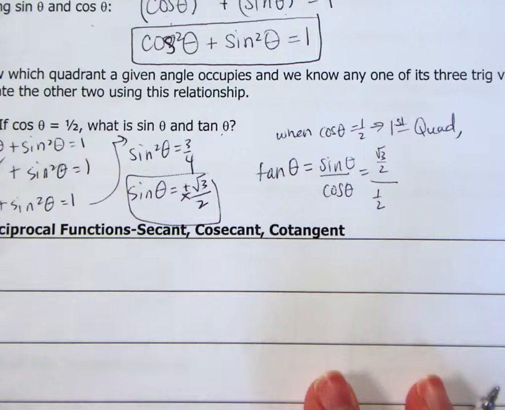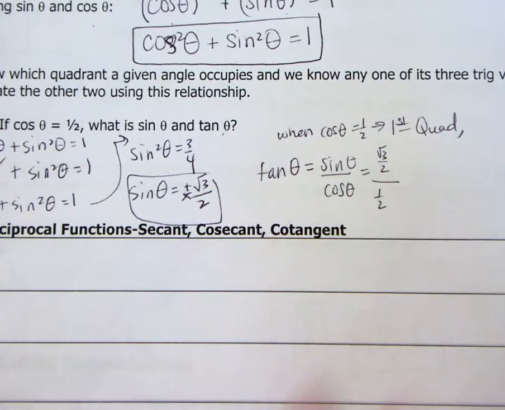I'm not really using my trig identity on that part, I'm just using the ratio. So this is radical 3/2 times 2/1, so radical 3. So the tangent of 60 degrees is radical 3.